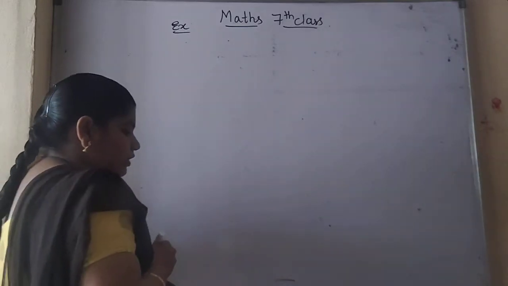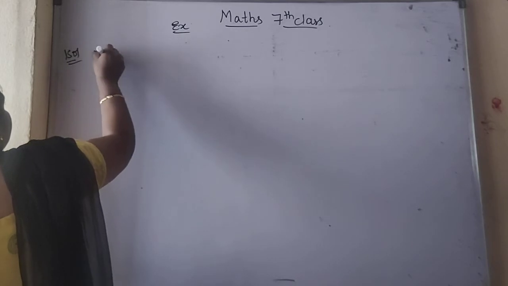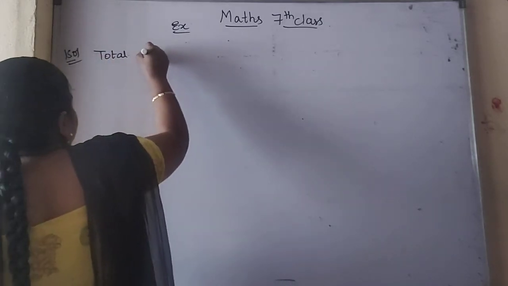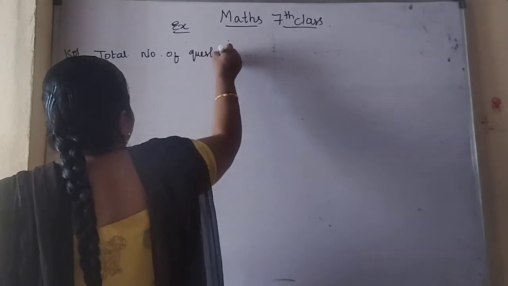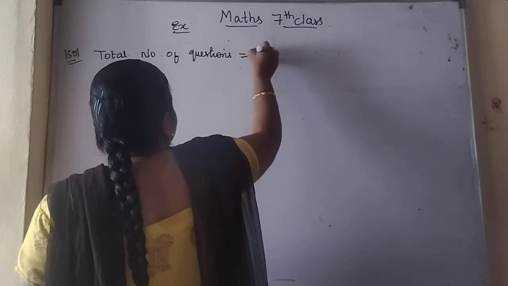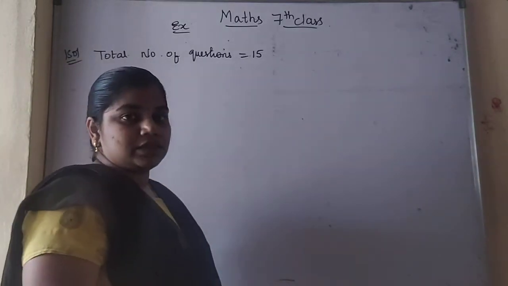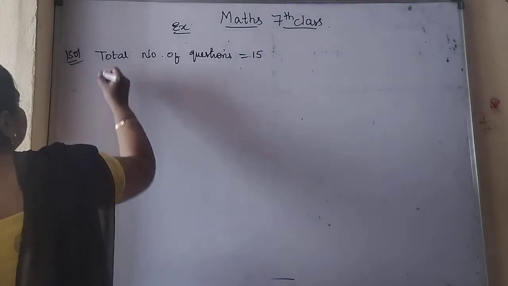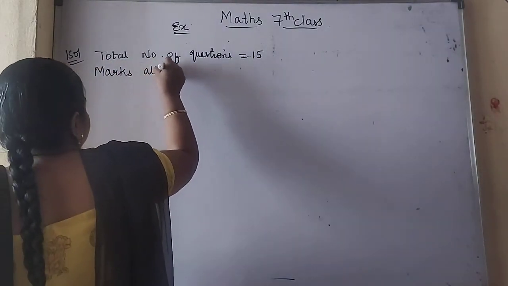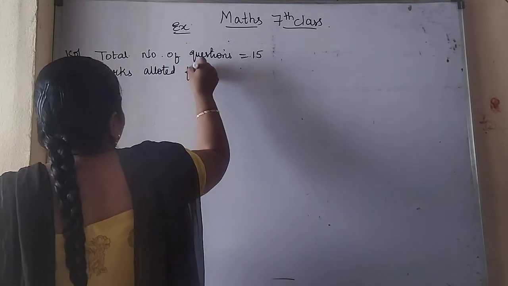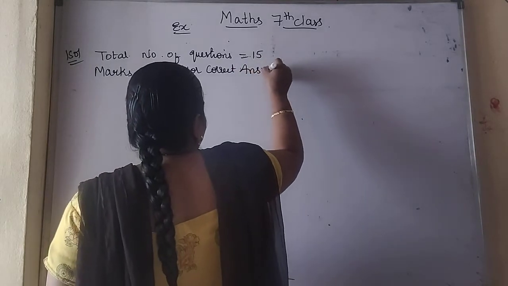Okay, so here first we will write what is the total number of questions. Total number of questions is equals to 15, and for every correct answer they are giving 4 marks. So marks allotted for correct answers are how many?